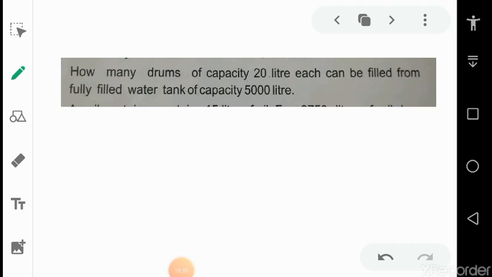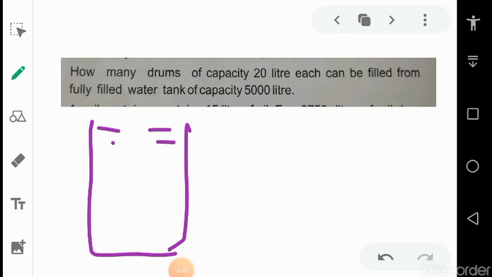Okay, next is how many drums of capacity 20 liter each can be filled from a fully filled water tank of capacity 5000 liters. Now try to understand this. We have a very big tank which is filled with water, and we want to fill up some smaller drums, each one of capacity 20 liter.